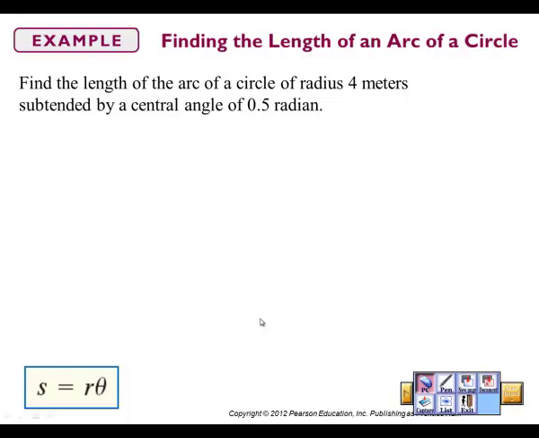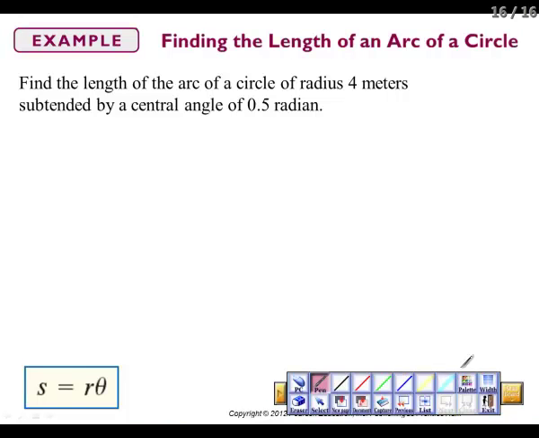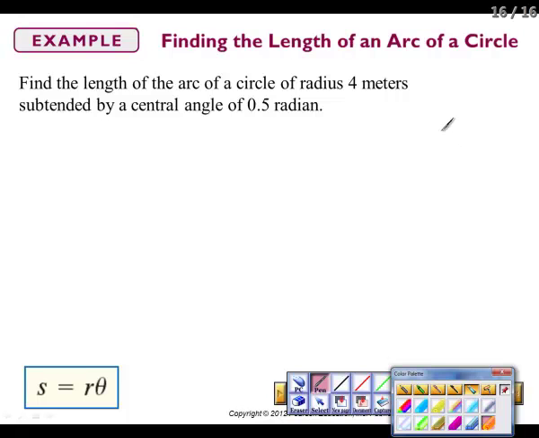Alright, so we want to find the length of the arc of a circle of radius 4 meters, subtended by a central angle of 0.5 radians. Okay, so if we were to look at this within our circle, let's say this is our circle, and we have this internal angle in there. And we want to find this arc length S right here.